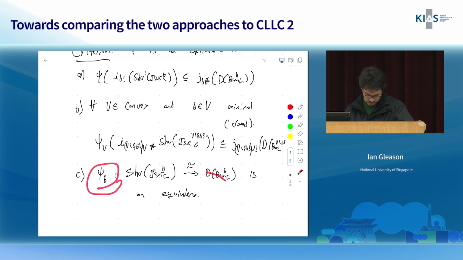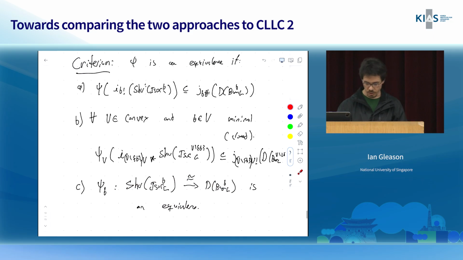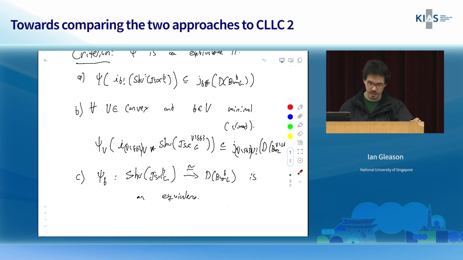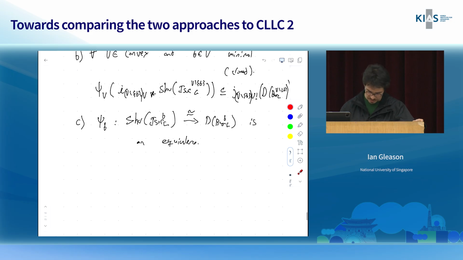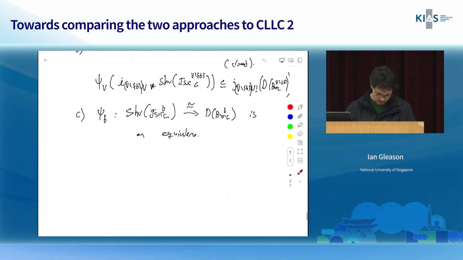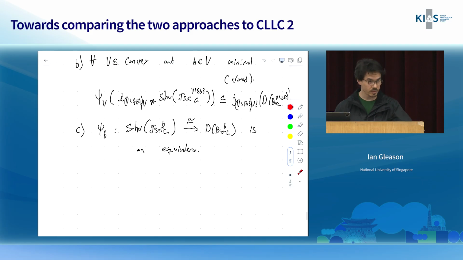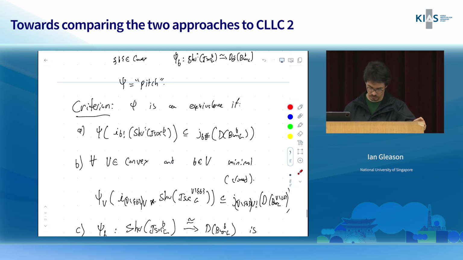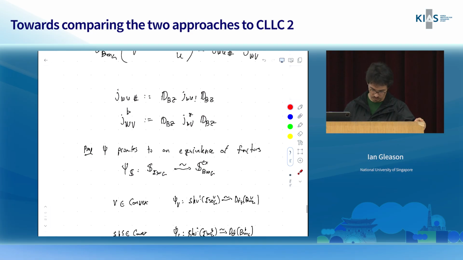And finally, we're asking that on filtered pieces, it's an equivalence. So this is a very formal statement, and it essentially follows formally. But this is roughly the strategy that we are going to try to follow. So what's the logical relationship between this and the proposition above it?